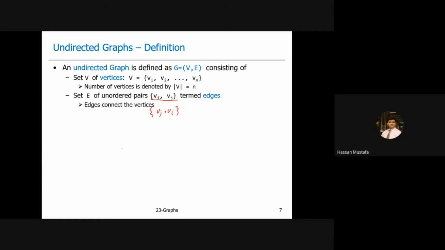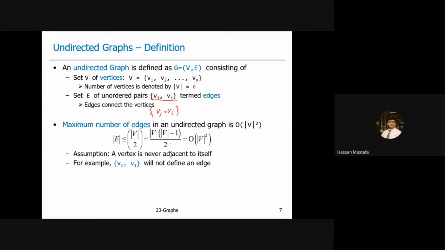So that's an unordered pair. That's the formal definition of the undirected graph, that all the edges are unordered pairs.